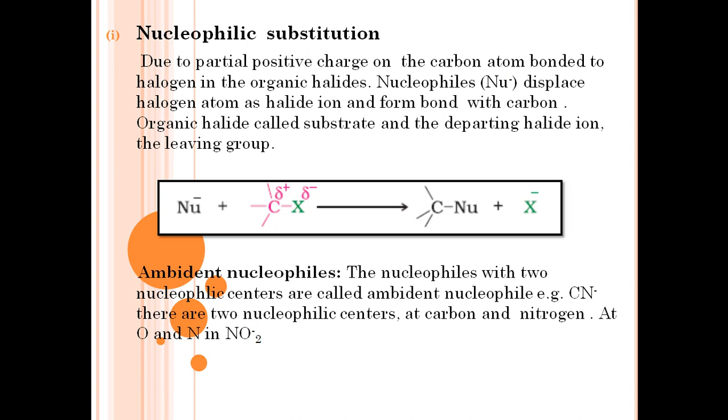For example, the nitrile group, CN group, has two nucleophilic centers, at carbon and nitrogen. And the NO2 nitrite group also has two centers, one is oxygen and another one is nitrogen.